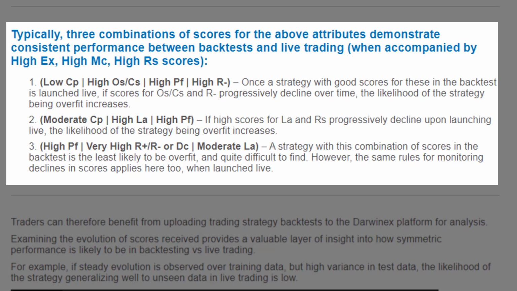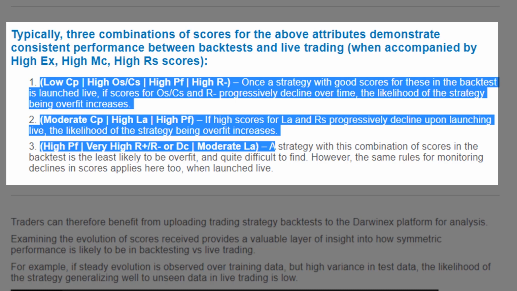In this blog post, we discussed typically 3 combinations of scores using all the attributes available that demonstrate consistent performance between backtesting and live trading environments, when accompanied by high experience, high market correlation, and high risk stability scores. And we outlined 3 generalized combinations that could achieve this effect.